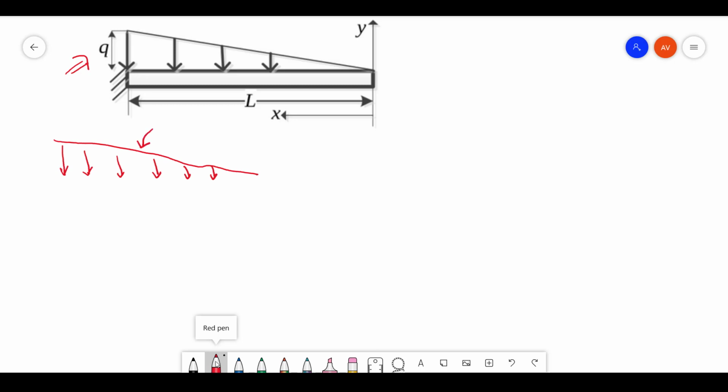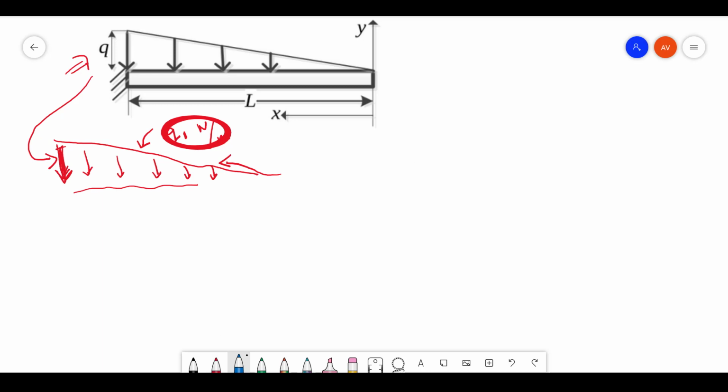So you will have a function, let's say Q1 Newton per meter square, which is varying depending on the length. But here Q is actually the magnitude of the last line, which is the load at that end point. So you need to find what this function actually is. Let's see how to find that.